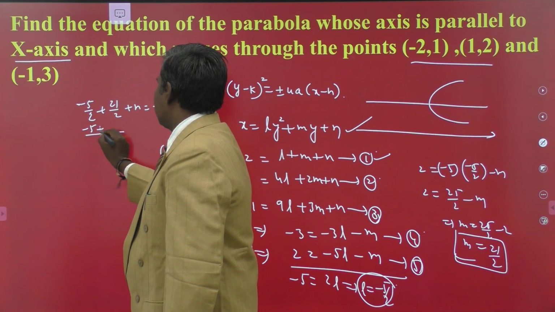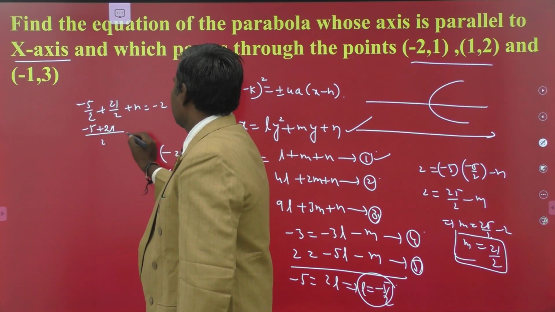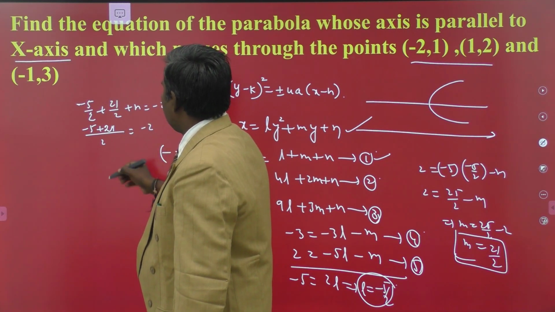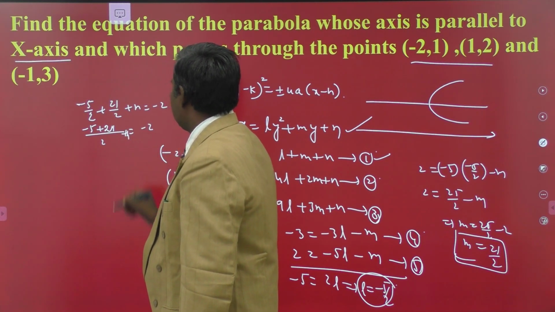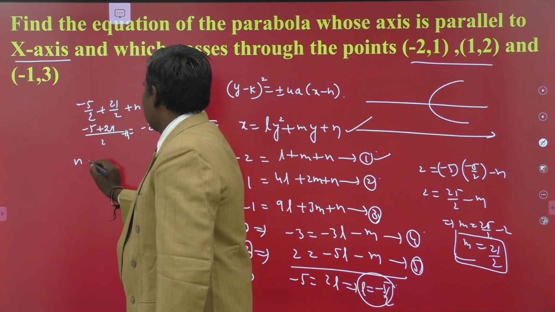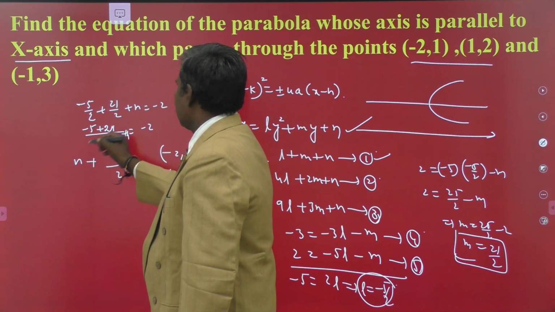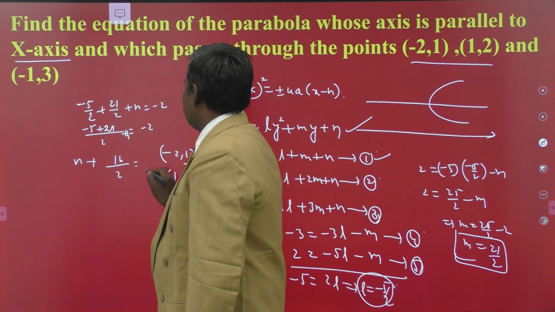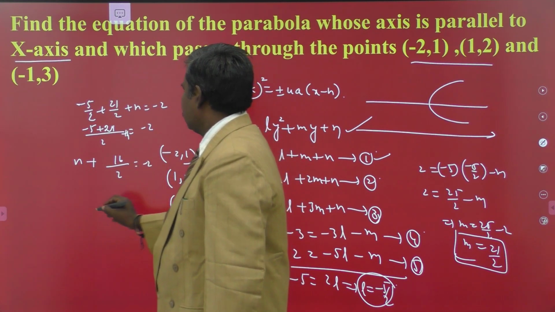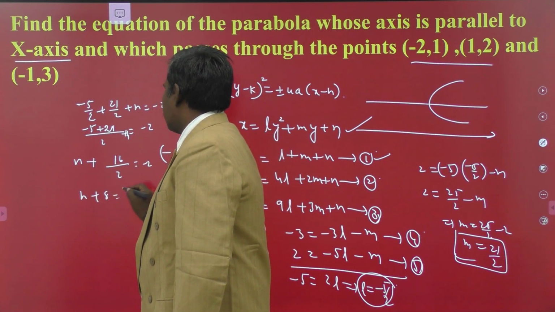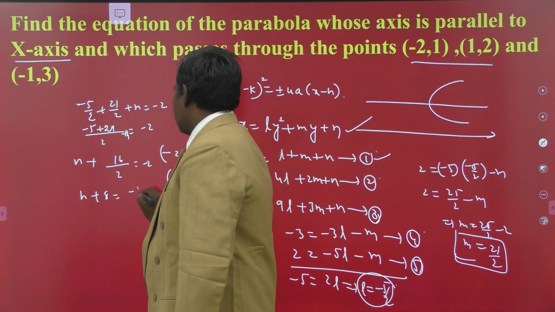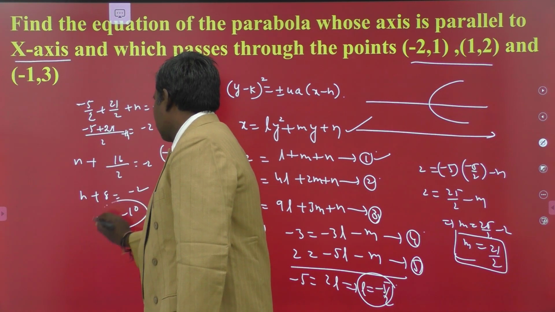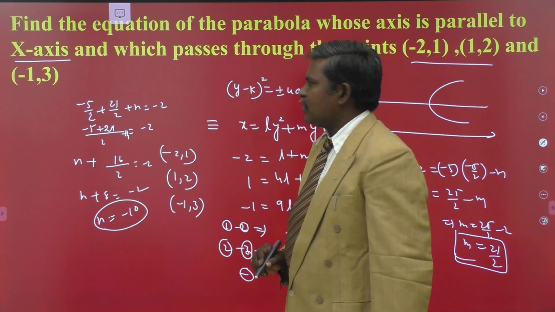Minus 5 plus 21 is equal to minus 2 plus 2n, plus n is also here. So 16 by 2 plus n is equal to minus 2. 8 plus n is equal to minus 2. So your n is equal to minus 10 here. The value of n is minus 10.